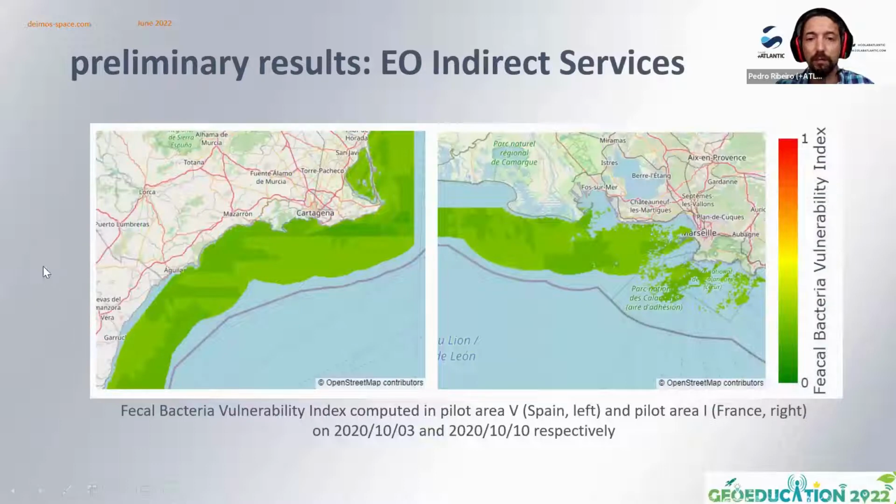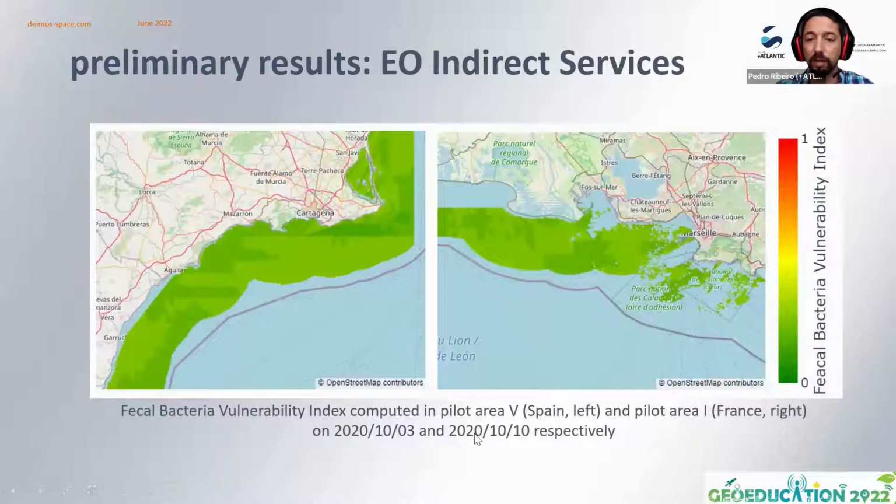Some other preliminary results. So indirect services here already. Like I said, this is combining the reflectance levels from some specific bands in the blue part of the spectrum with the decay rate of fecal bacteria, calculated from models.